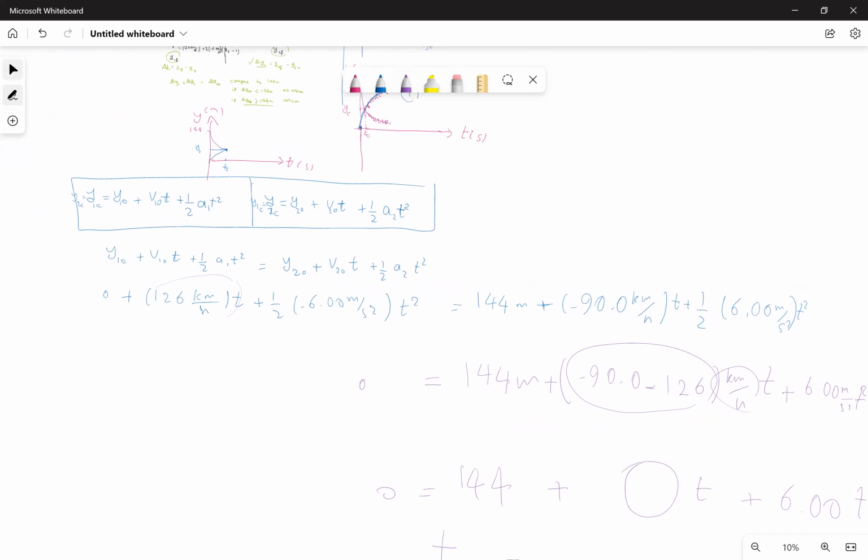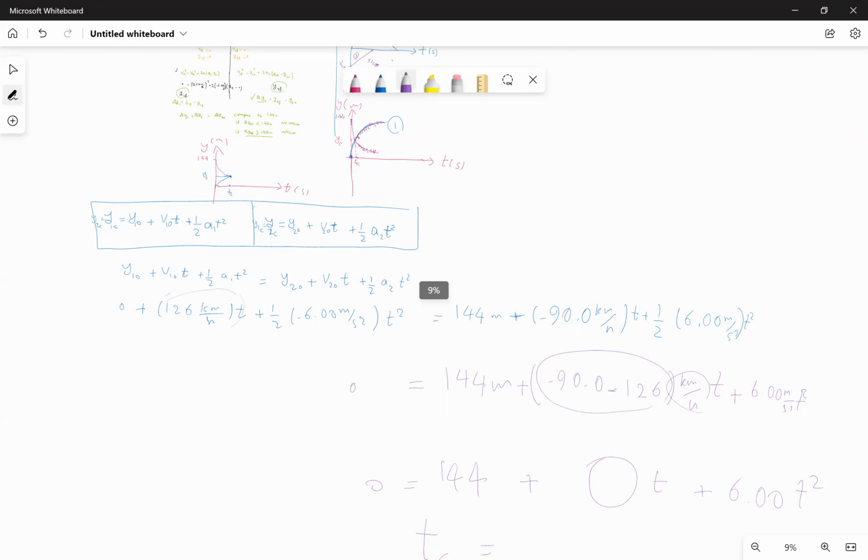After you get the collision time, you can plug it into either of these two equations to find yC, the collision position. I didn't ask you to find the collision position because we didn't have enough time, but I expect to see collision time, tC, in your graph.